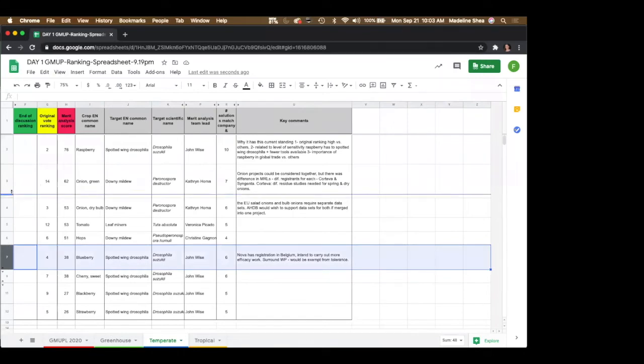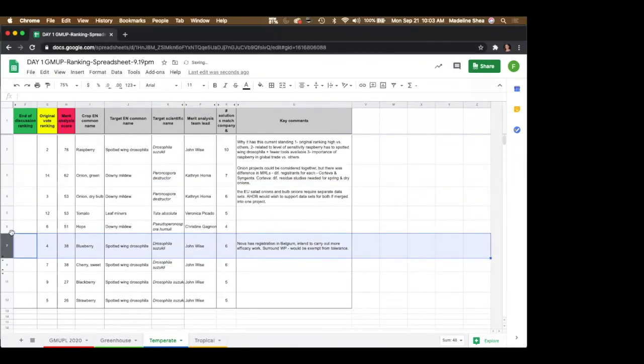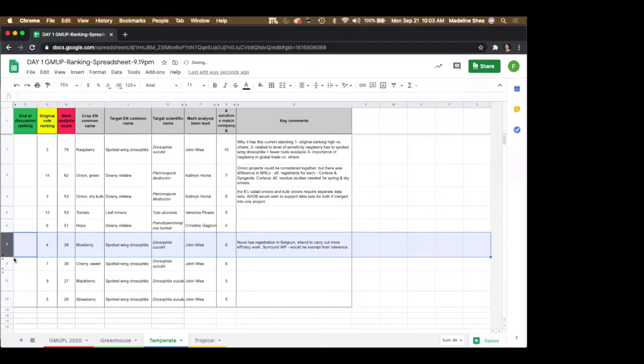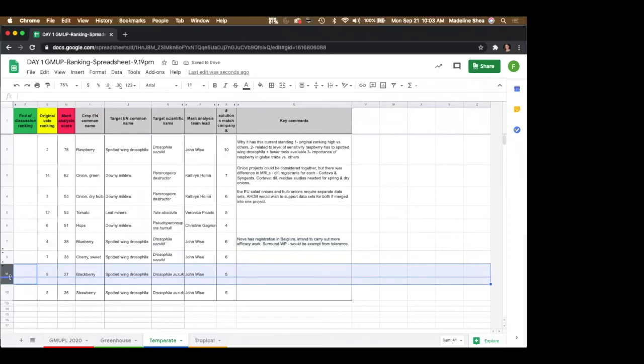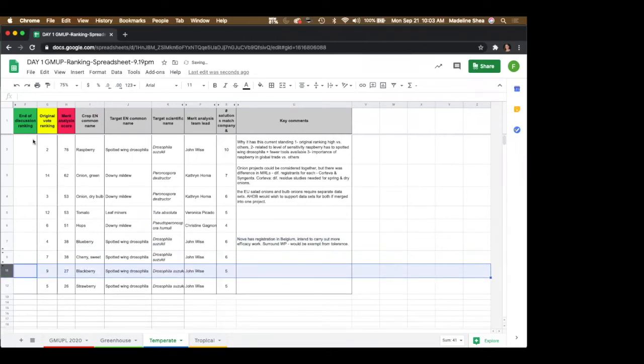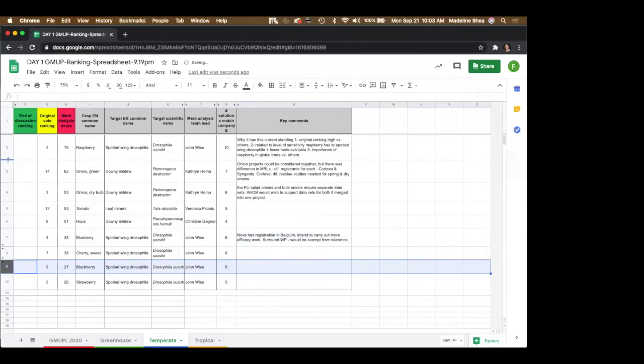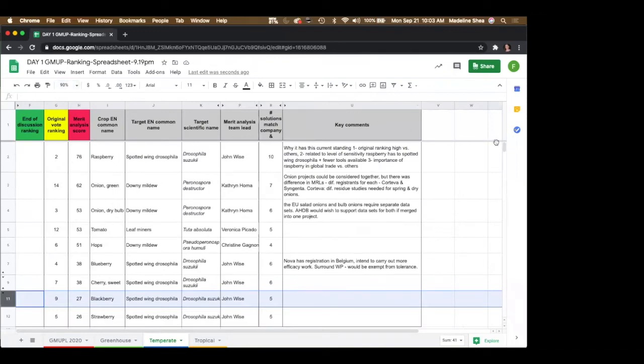Let's look at this and think about whether anything should be reordered in the sense of getting a higher ranking. If we look at this, we see, for example, tomato leaf miner was ranked close to the bottom of this group that we have under consideration, and yet the merit analysis is fairly high.